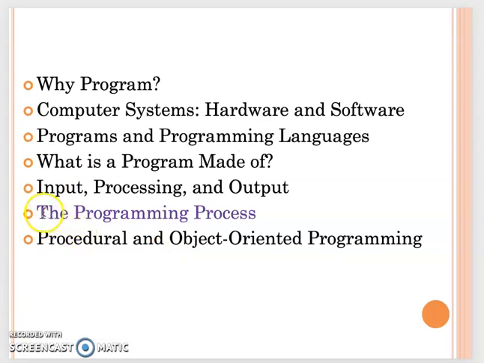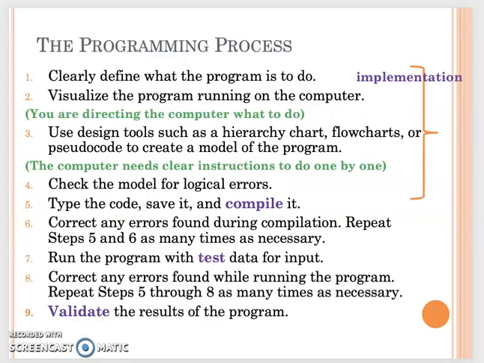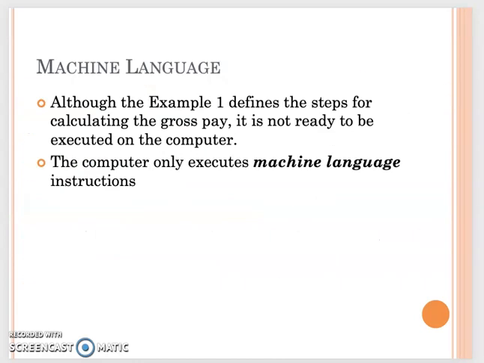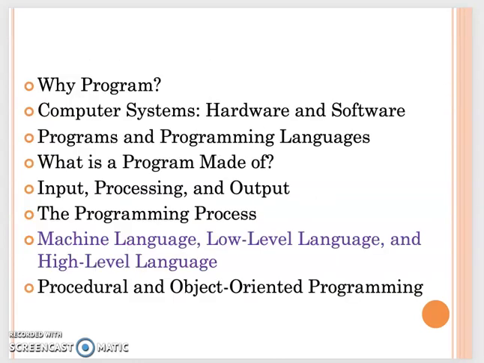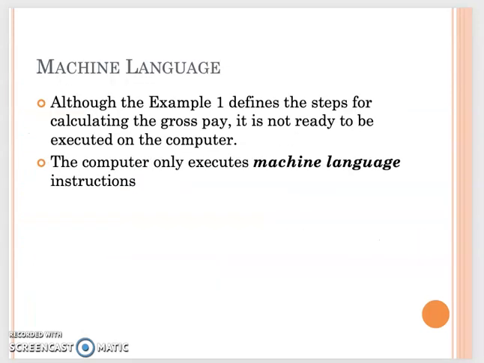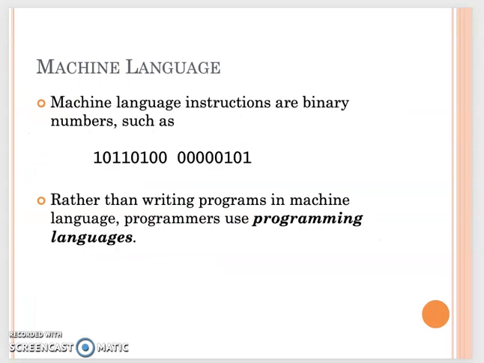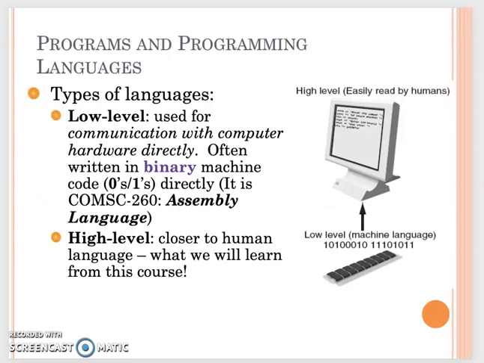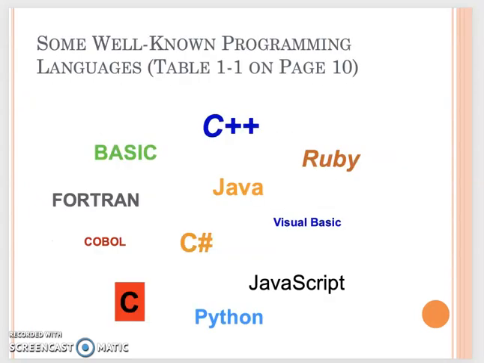In this handout, of course, we have 2 more sections, the programming process and the procedural and object-oriented programming. This one I will not talk about in the lecture. I want you to read by yourself to understand, to see machine language, high-level language and low-level language.